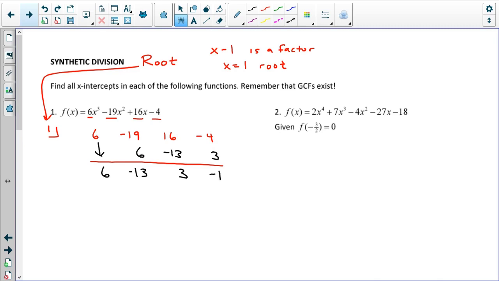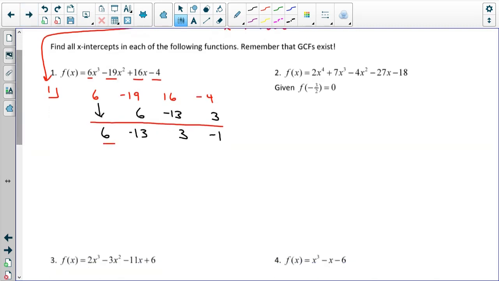So I end up with this 6, negative 13, 3, and negative 1. I'll explain what everything looks like. If I wrote this as a long division problem, 6x squared minus 13x plus 3 would be up here, and then the last number would be negative 1.